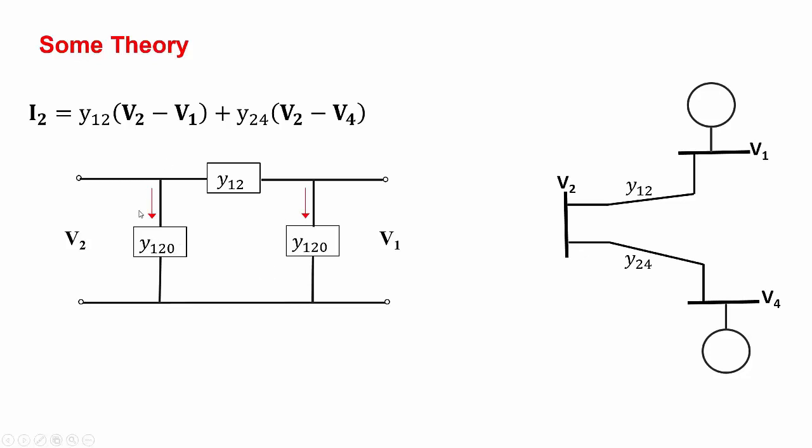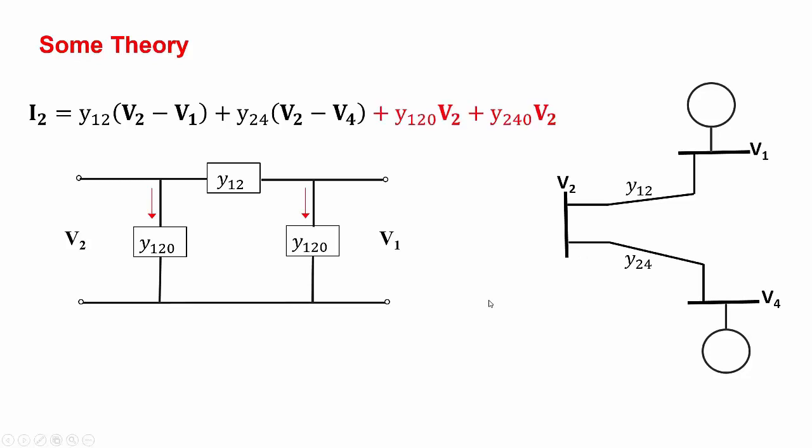With that in mind, the total current leaving bus number 2, which has voltage V2, there will be an element here, a capacitance connected to ground like this one, and there will be some red current, and also on the other link there will be capacitive current.